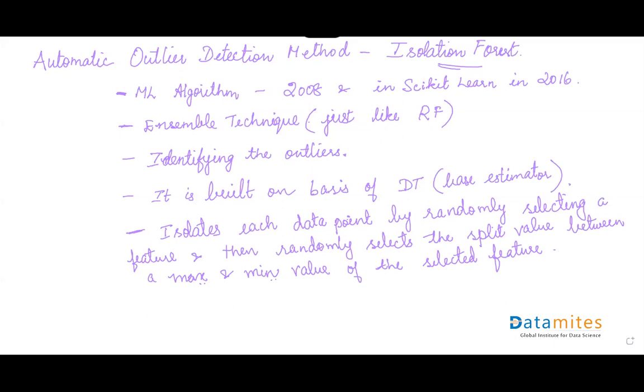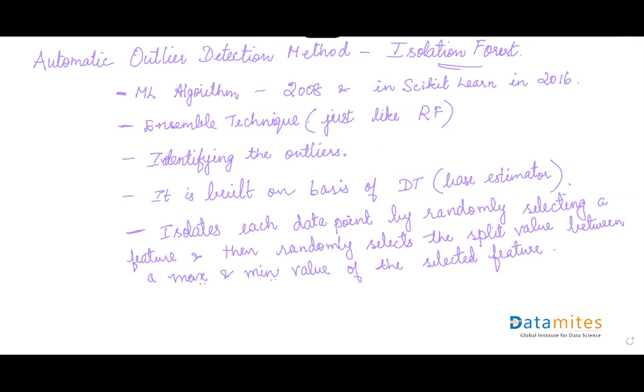So basically what isolation forest will do is isolate each and every data point in your data set by randomly selecting a feature, and it will use that feature to do the split. The split is done by choosing some value randomly between the maximum and minimum value of the selected feature.